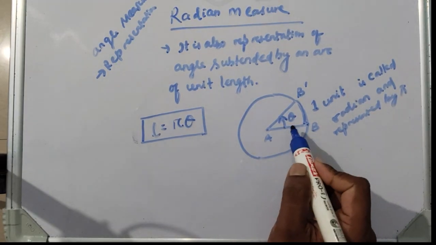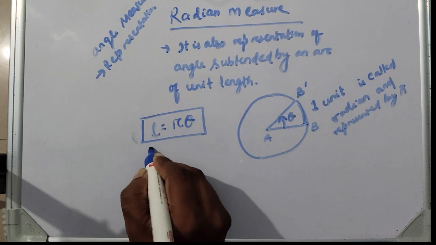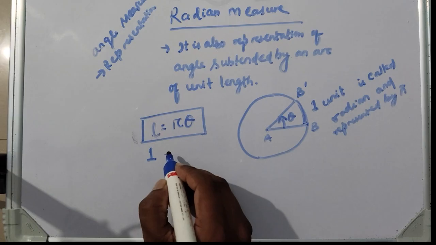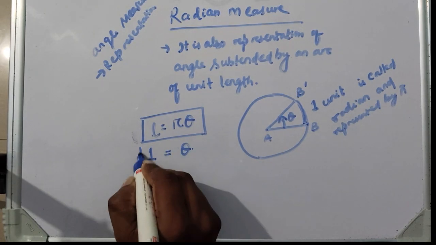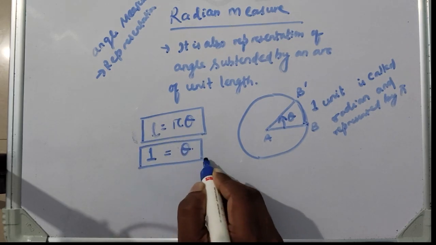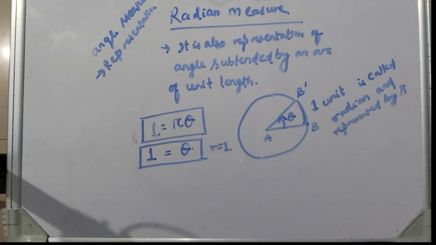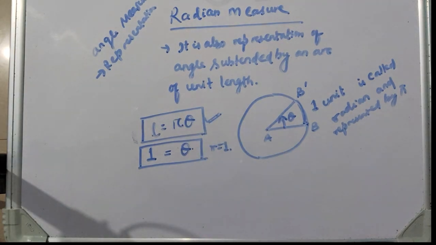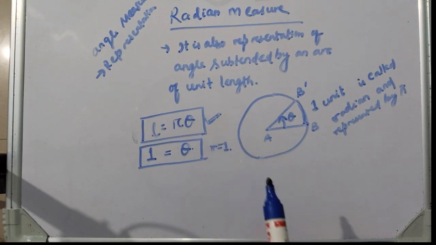If L is equal to 1 and R is equal to 1, then theta is equal to 1. We have to memorize this relation because this is a very important relation.